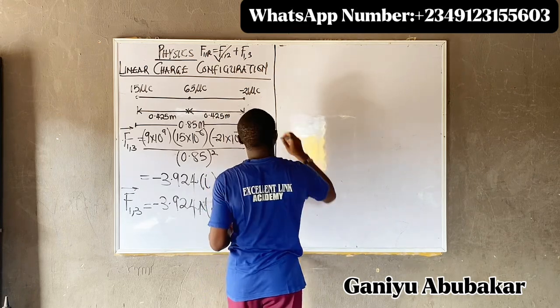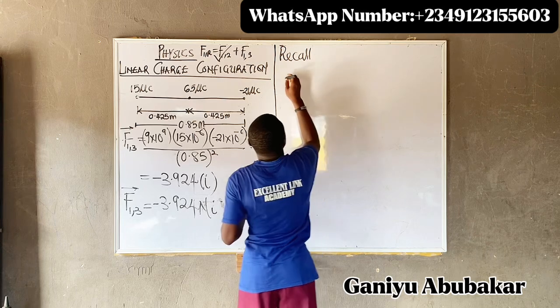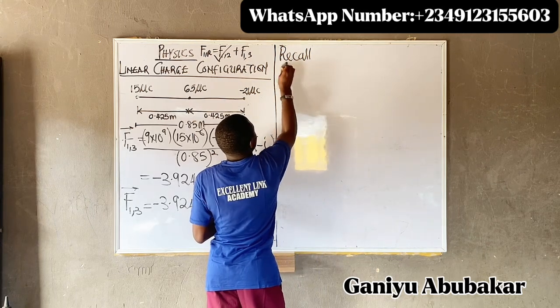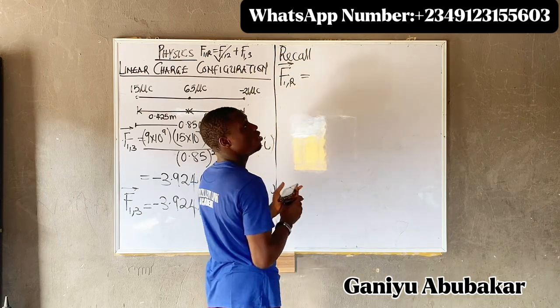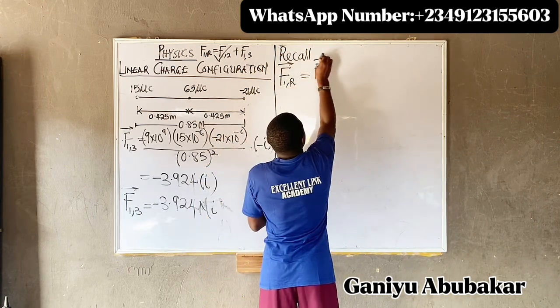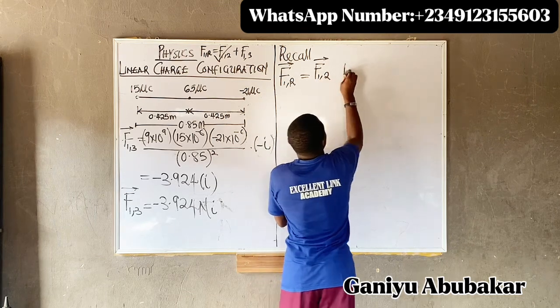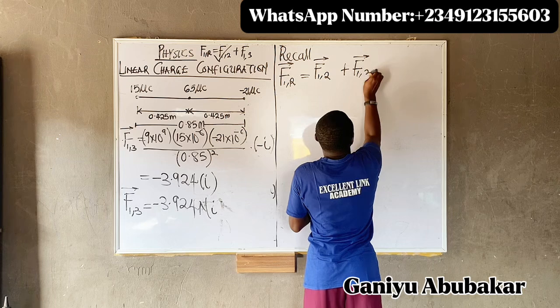Recall that we established that F1 resultant is equal to F12 plus F13.